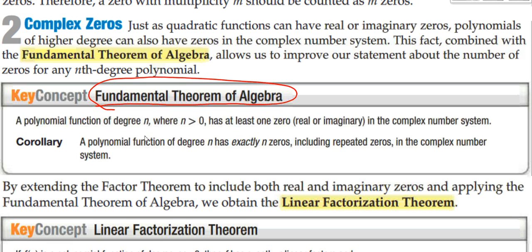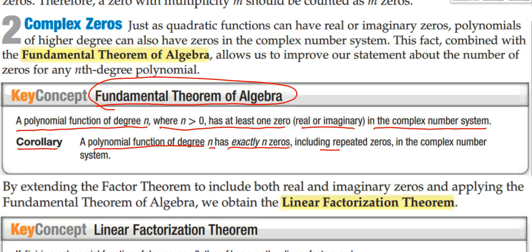A polynomial function of degree n, where n is greater than 0, has at least one zero, real or imaginary, in the complex number system. The corollary to that is if it is a polynomial function of degree n, it has exactly n zeros, including repeated zeros, in the complex number system. So we can find all of them there.